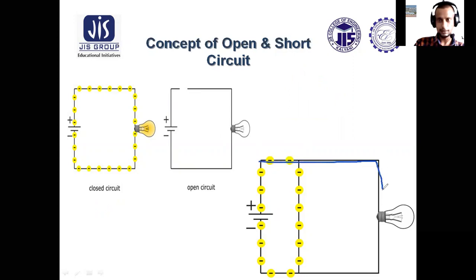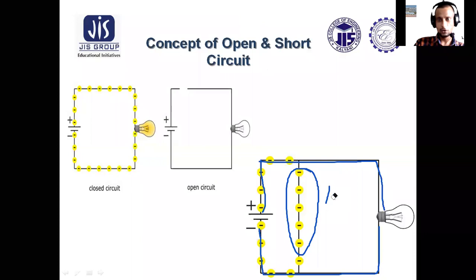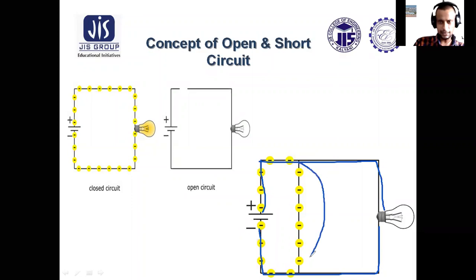This is a closed circuit. So the bulb should glow until and unless this path is there. But whenever we connect this path, it can be connected by a thick wire.